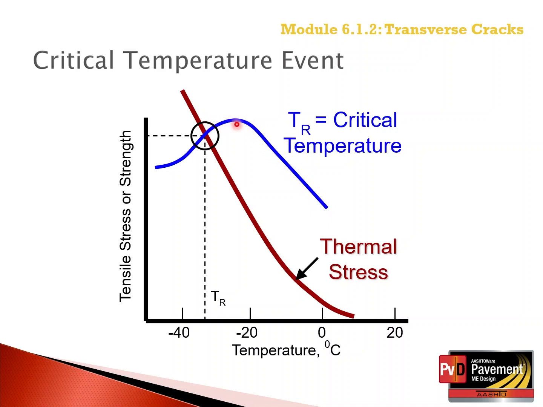But then, as the temperatures continue to get colder, there is a decrease in the indirect tensile strength that is caused by the microcracks between the asphalt binder interface and aggregate. That condition is not simulated in the Pavement ME design software.